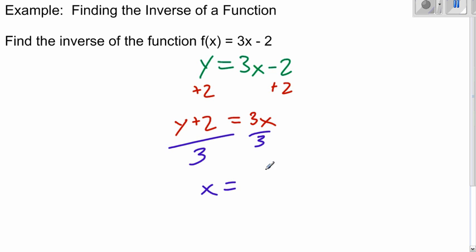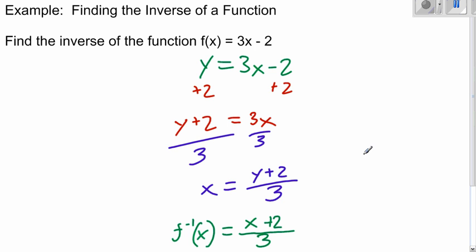So we have x equals y plus 2 over 3. And then the final step was replace x with f inverse and replace y with x. There's our inverse function.